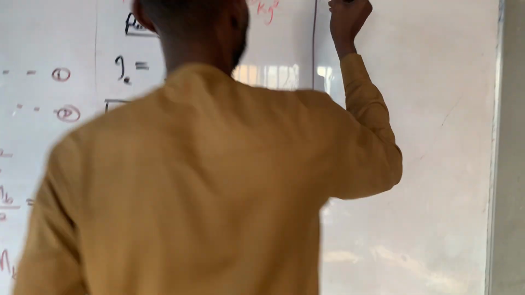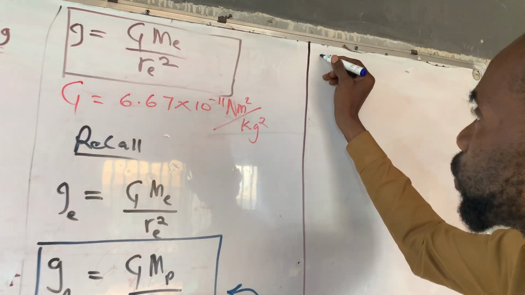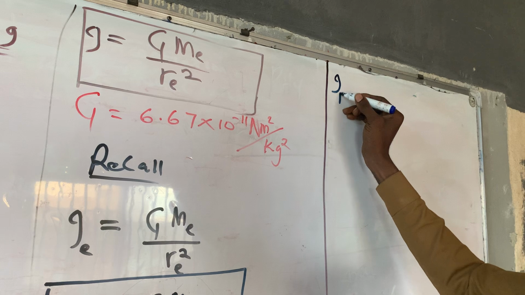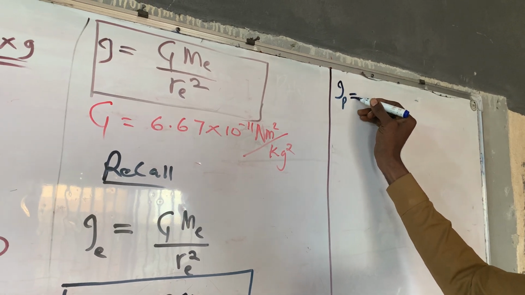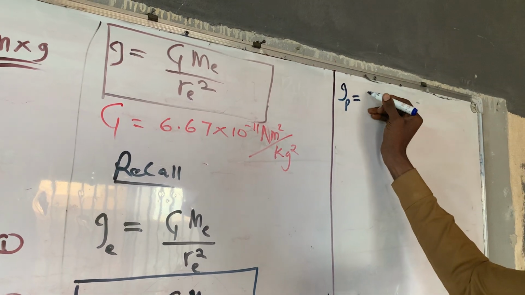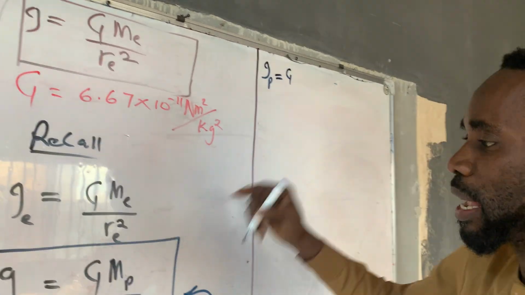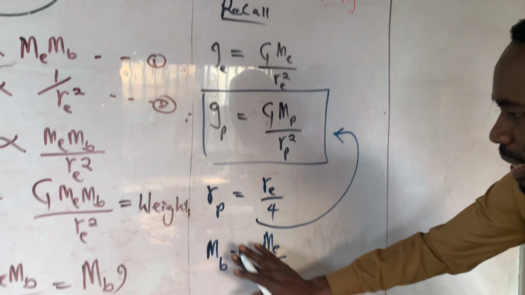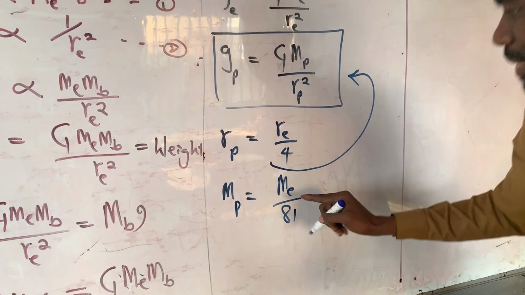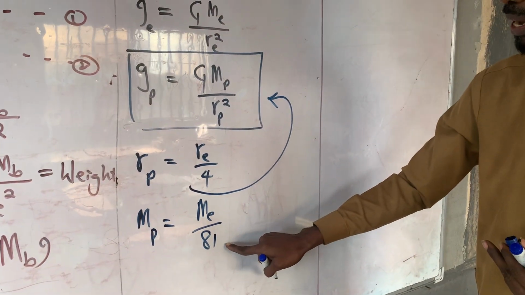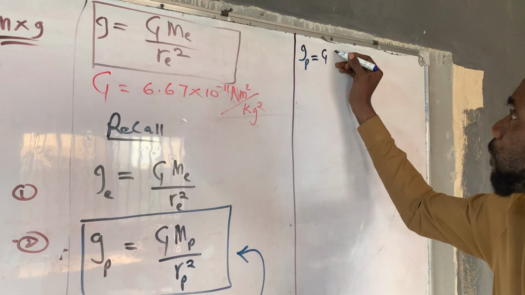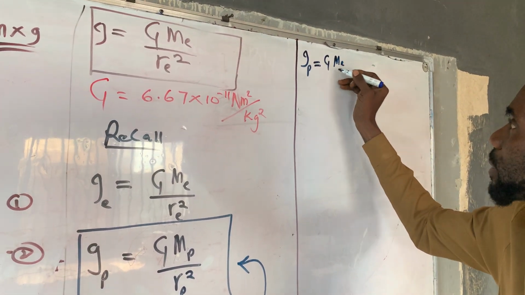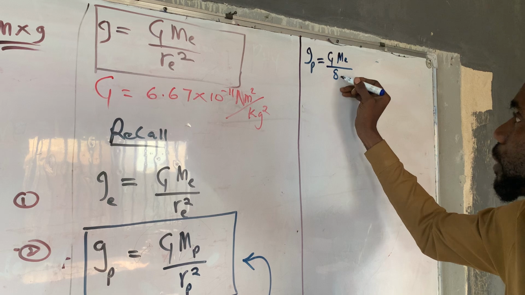Take a look at it. The acceleration due to gravity on the planet now will be equal to, I have the universal gravitational constant G, I have the mass of the planet. The mass of the planet is equal to the mass of the Earth divided by 81. So I will have the mass of the Earth divided by 81.